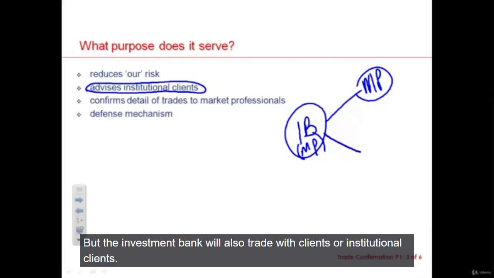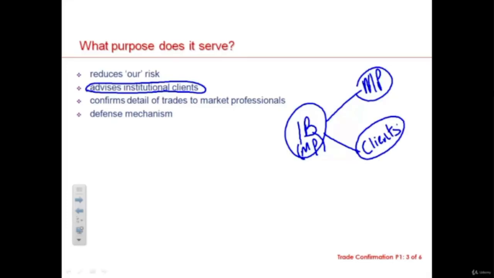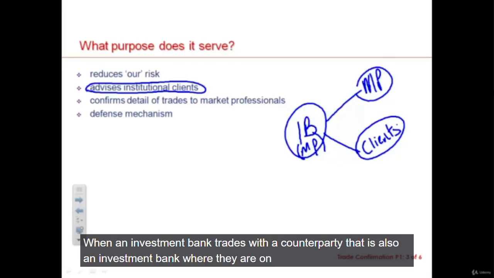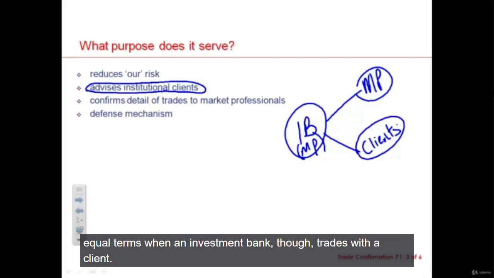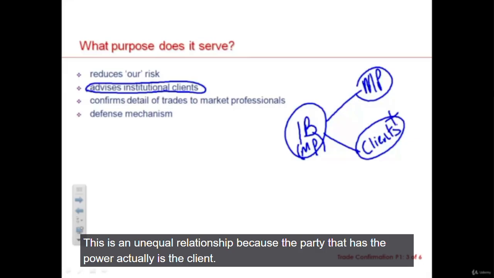But the investment bank will also trade with clients, or institutional clients, has the same meaning. When an investment bank trades with a counterparty that is also an investment bank, they are on equal terms. When an investment bank, though, trades with a client, this is a non-equal relationship, because the party that has the power actually is the client.